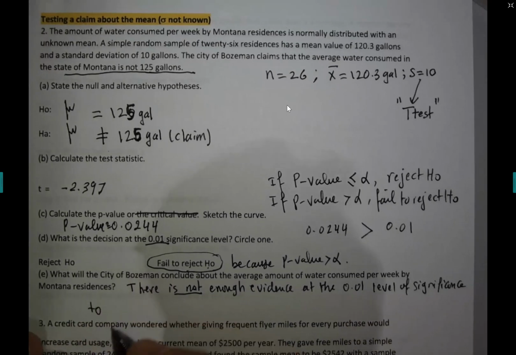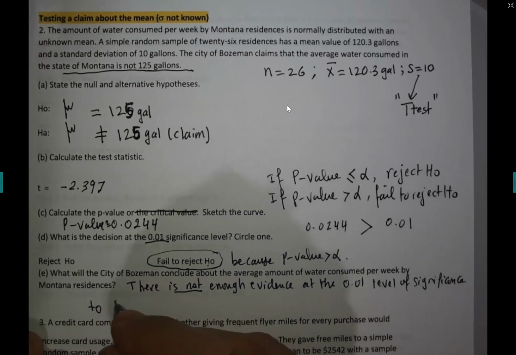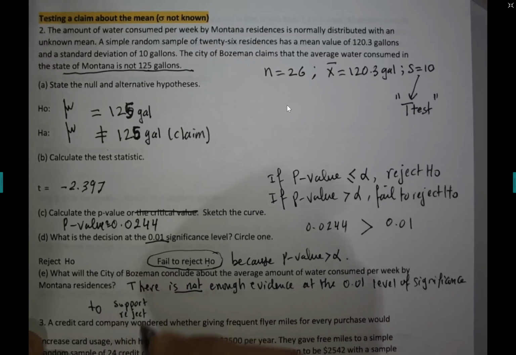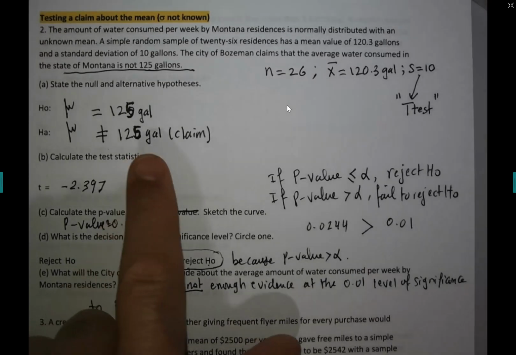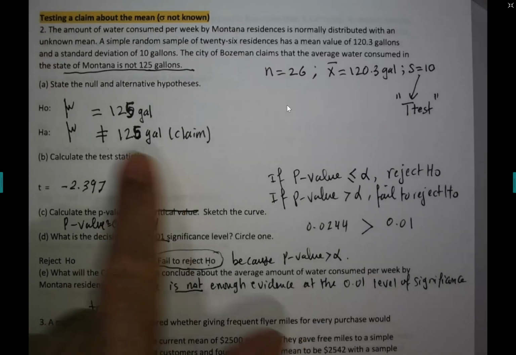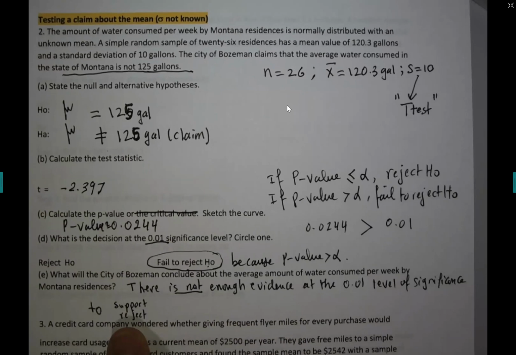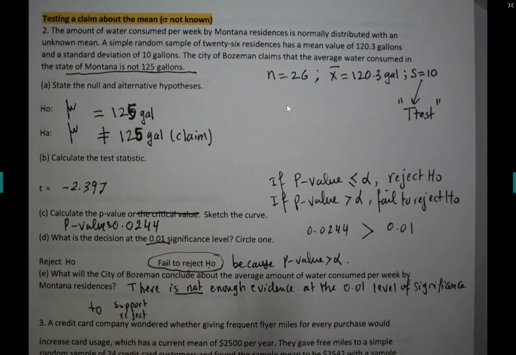If you are working in MyMathLab, it's going to give you 2 words to select from, to support or reject here. Because your claim, guys, is in HA, you always select the word support. You don't use the word reject at all.